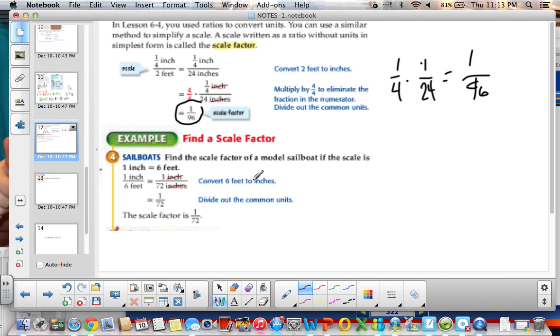Okay, find the scale factor of a model sailboat if the scale is 1 inch equals 6 feet. So we write 1 inch over 6 feet equals 1 inch, and then we convert the feet to inches. So we know 6 times 12 equals 72. So then our scale factor would be 1/72.